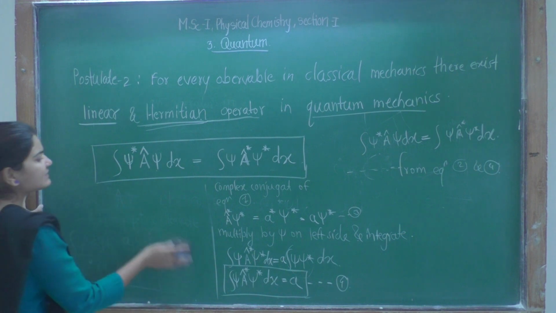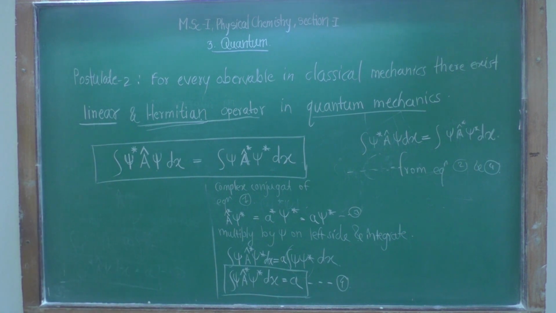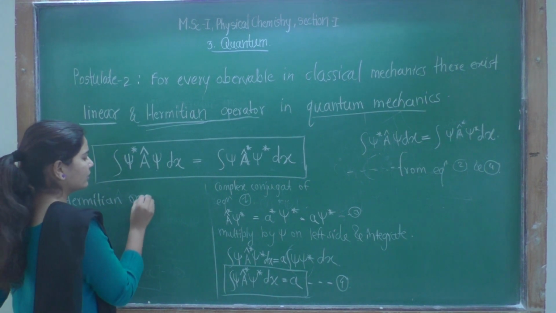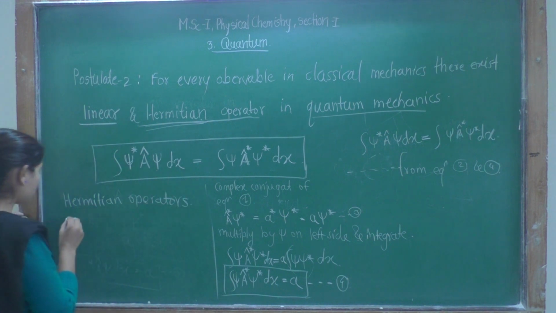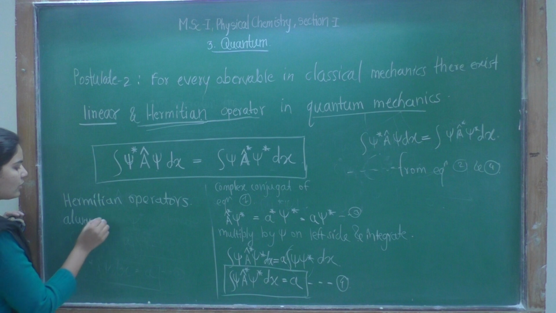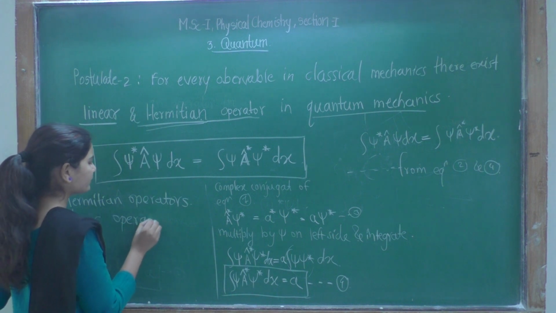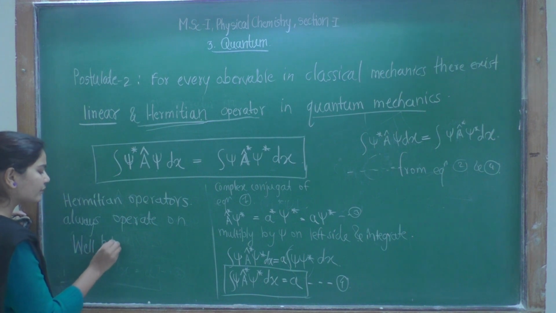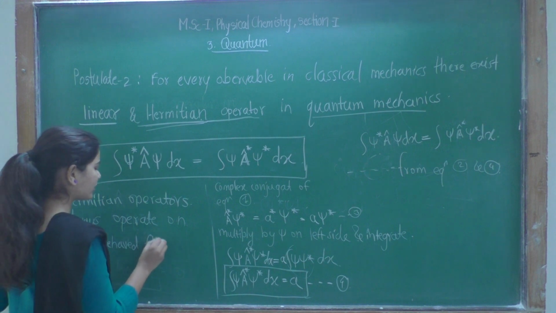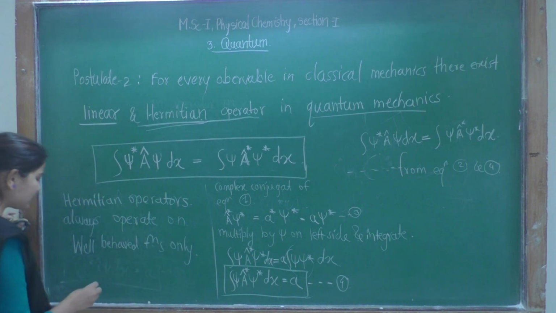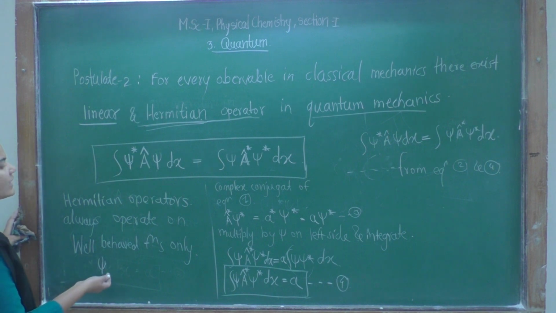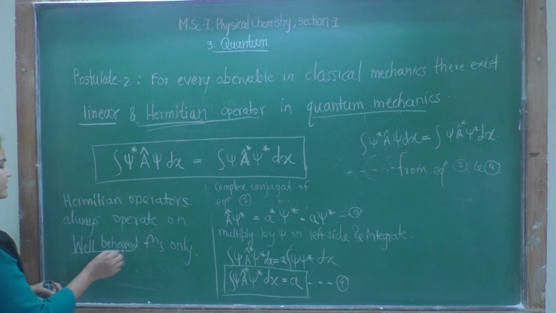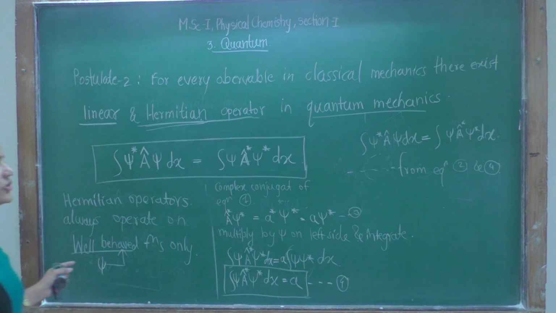Again, the next thing is a Hermitian operator always operates on well behaved functions only. That means only a psi that is well behaved gets operated on by a Hermitian operator. And what is well behaved? Do you remember our first postulate?